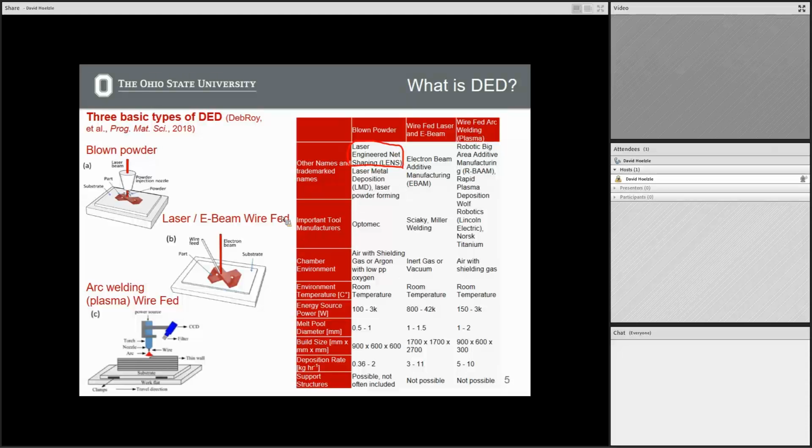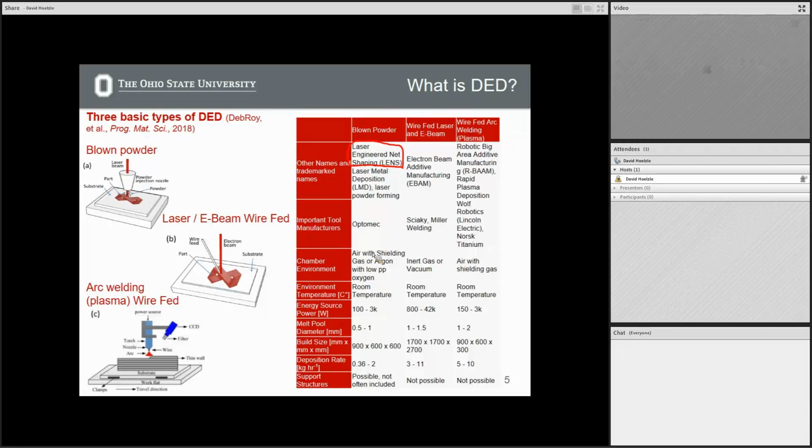If you look at the ASTM names and the names companies come up with, the ASTM names are much, much better, in my opinion. Laser engineered net shaping could be anything, right? That could be laser cutting, in my opinion. This is what Optomec calls their system. It's a trademark name. So if you ever see LENS, they're actually referring to blown powder directed energy.